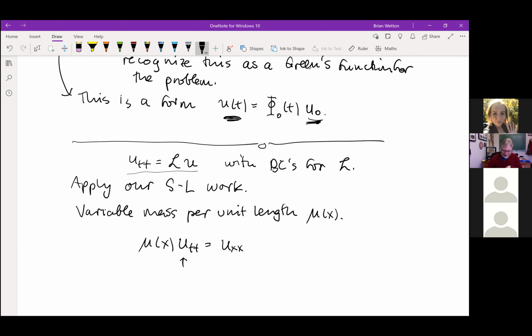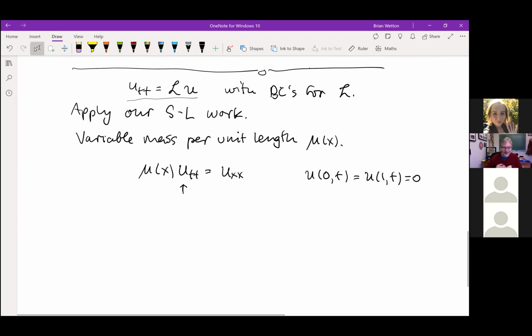So this is like a mass times acceleration is force kind of relationship, which you could go back to the notes and see. Right, I'm going to say that it's scaled in space and time. So I've got my homogeneous Dirichlet boundary conditions. I haven't made the boundary conditions more complicated in this problem, but you could.